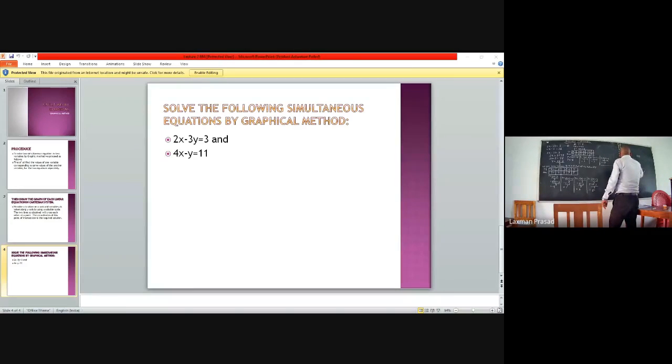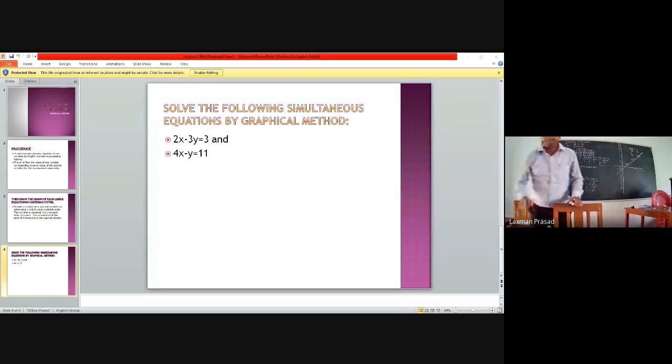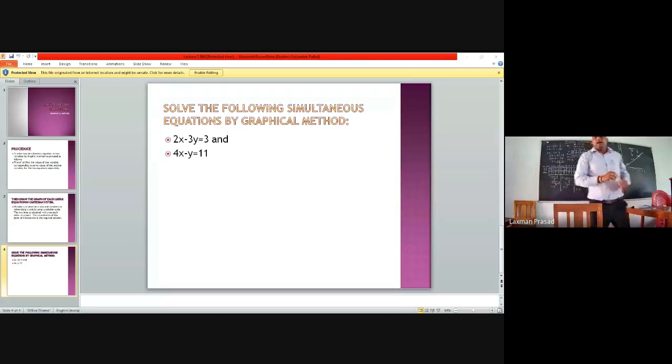So, connect all the dots, and this is equation 1. And in the same way, the second equation. In the second equation, if the value of x is 0, the value of y is minus 11. So here, 0 and minus 11, there is a dot.